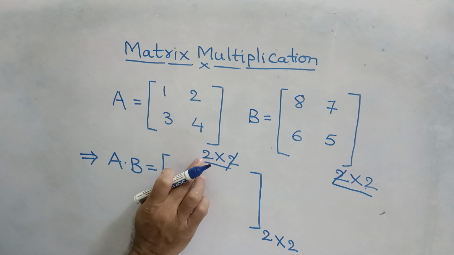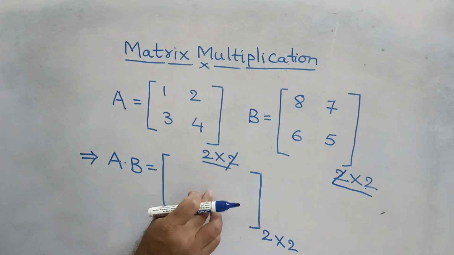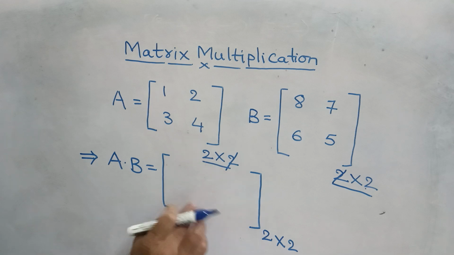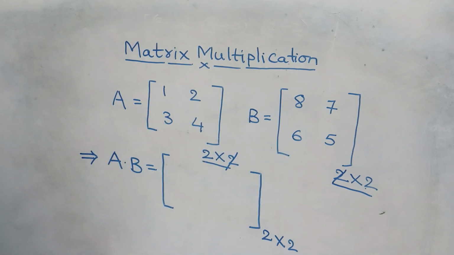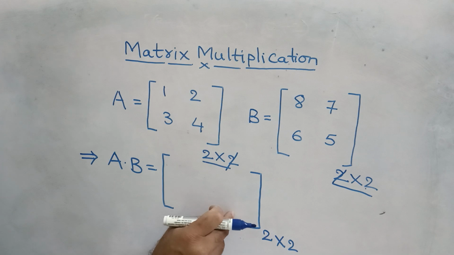Therefore the initial 2 and this 2 remain, so 2 by 2. Therefore in your product also you will get 4 elements, like these individual matrices A and B. The product A into B should have the same 4 elements.